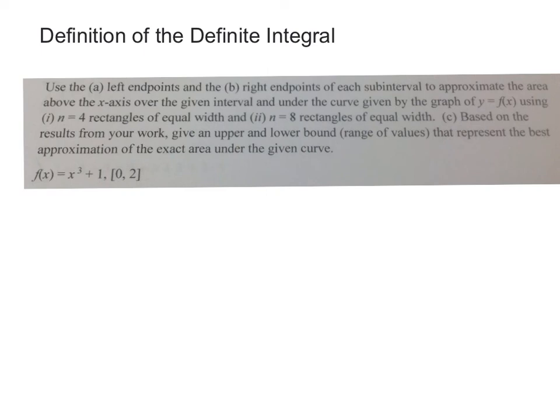We looked at using the left and right endpoints of subintervals to approximate, and we went through the example with n equal 4, and we used our function x cubed plus 1 going from 0 to 2, and we did several things that we will now formally define.